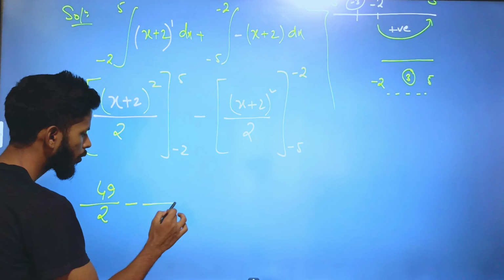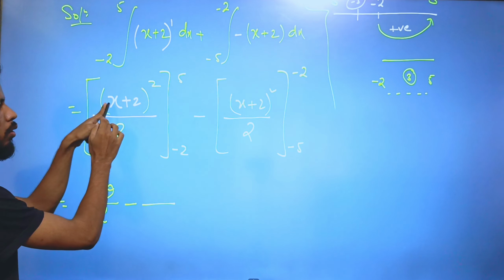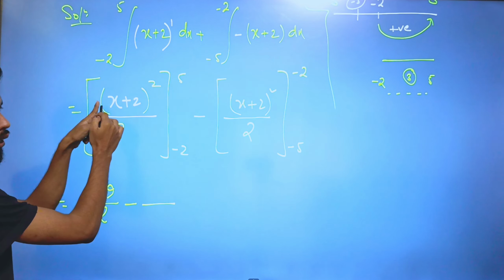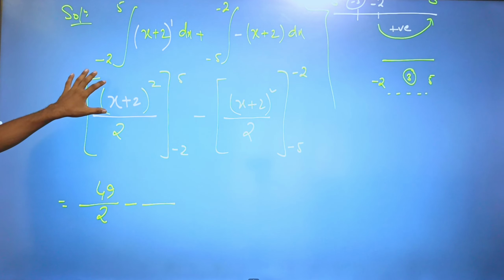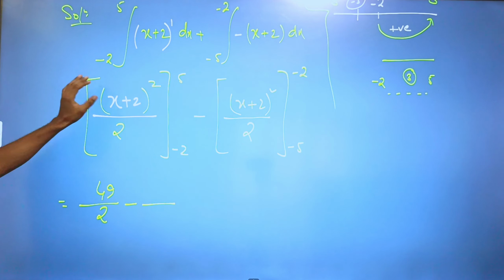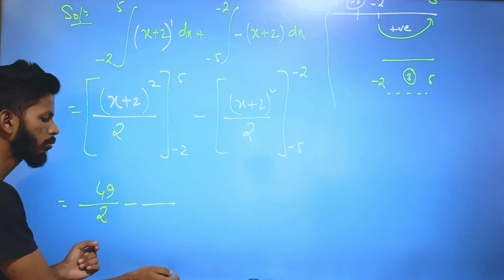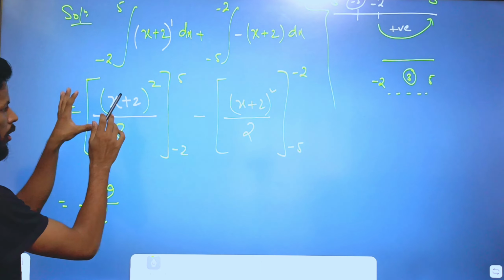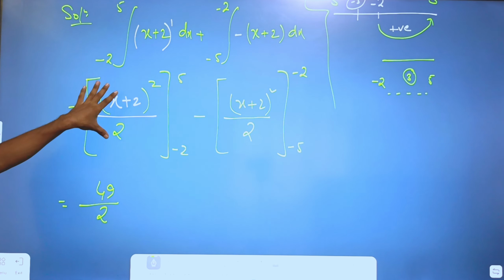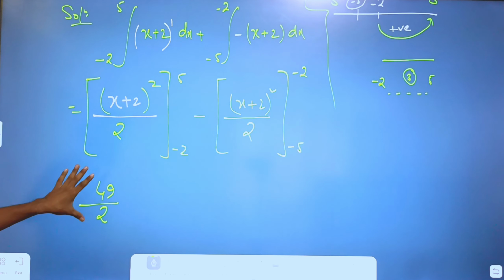If I put x equal to minus 2, it is minus 2 plus 2, it will get cut. In the upper portion here it is 0, 0 by 2, that is 0. So we have upper value minus 0, and we don't have to write this minus 0. So this was our integrated answer.